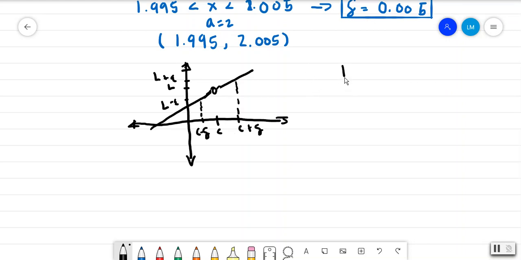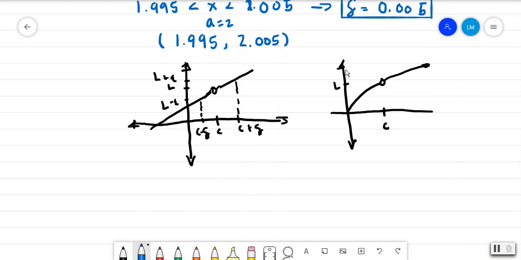But for instance, if you were to choose a delta for a nonlinear function, then you would want to make sure that it's close enough to the constant. If you have something like this and this is your limit value, and you say that you want it to be within epsilon, notice that over here, if this is L plus epsilon, this is going to be C plus delta, but this is too far away.